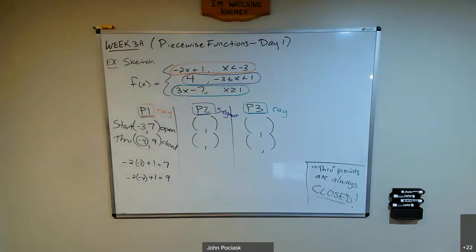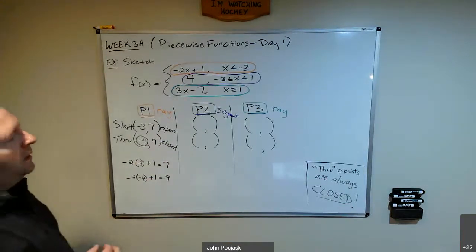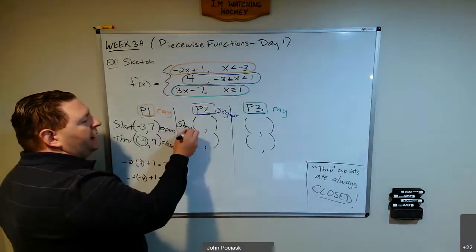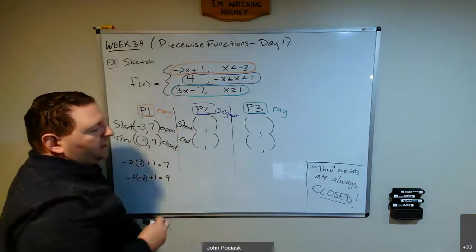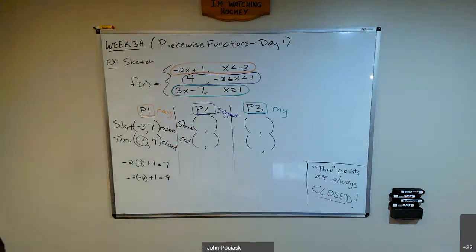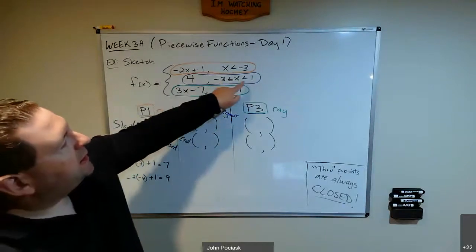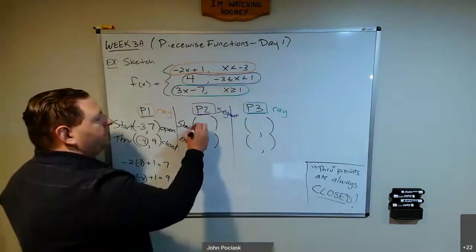Now I go on to piece 2. It's a segment. A segment has a start and an end. The start and the end numbers are tied to this inequality. It starts at -3 and it ends at 1.